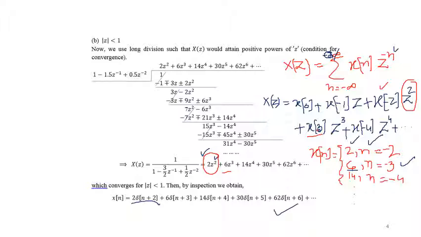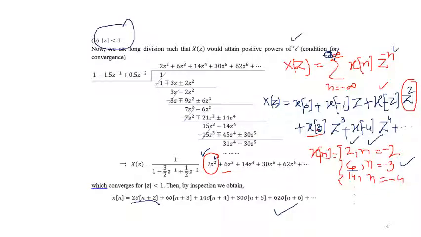If this is a right-sided sequence, then you expand it in terms of z power minus 1, and if this is a left-sided series, then you expand it in terms of the positive powers of z. How do you know whether it's left-sided or right-sided? You get this information from the ROC.